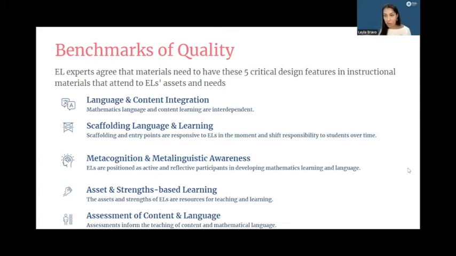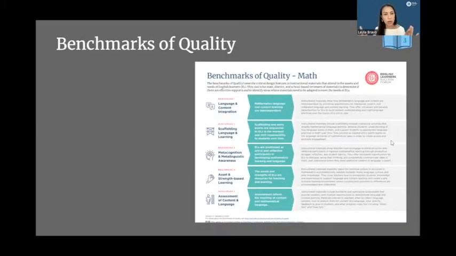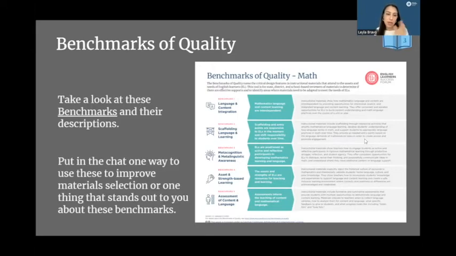So if we go to the next slide, we're also going to drop in the chat a high-level indication of our tool, benchmarks of quality. And what I would love for you to do is take a minute to read through these benchmarks of quality specifically for math. It's also handout 3 in your participant folder.